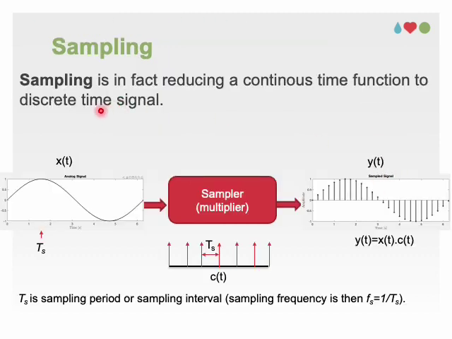We aim to discretize an analog signal which is continuous both in time and amplitude. This process is called sampling. First, we define the sampling period or interval, Ts, which is the time at which we uniformly measure the analog signal.